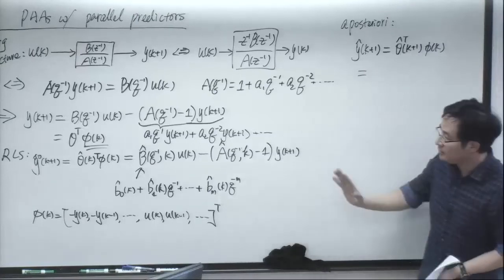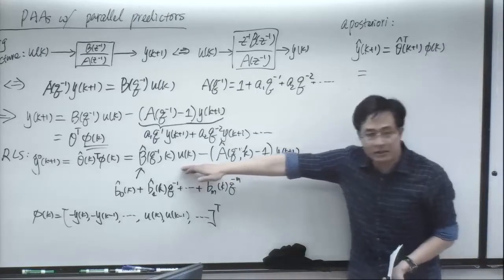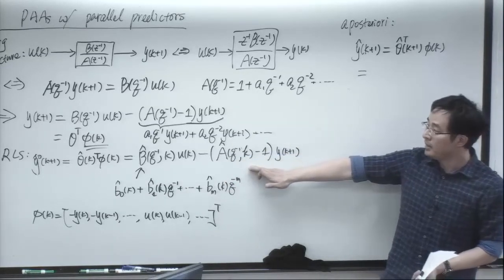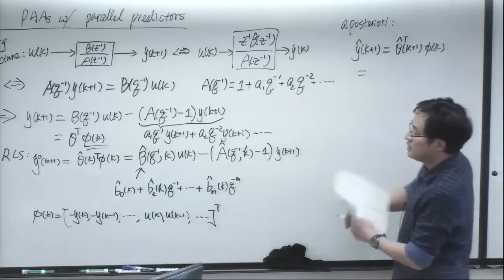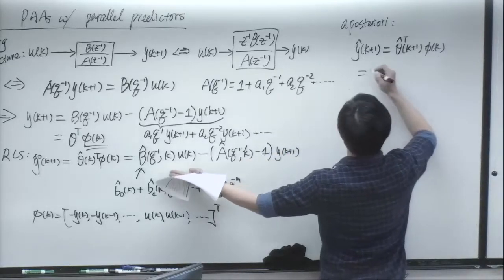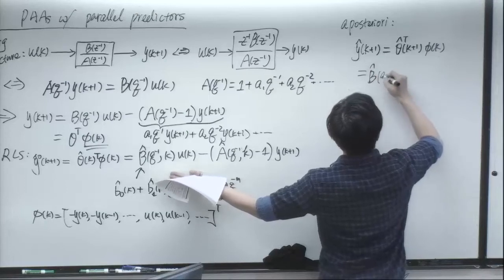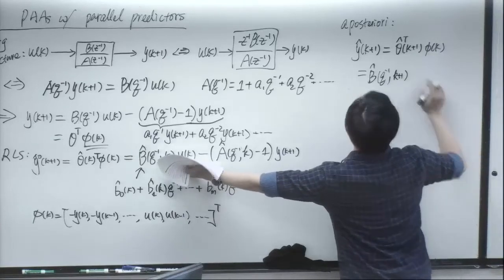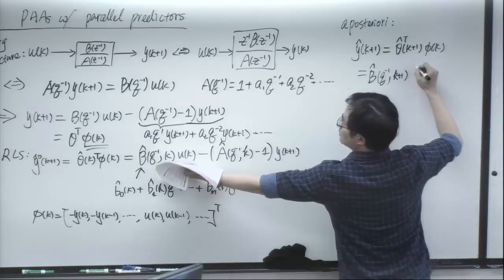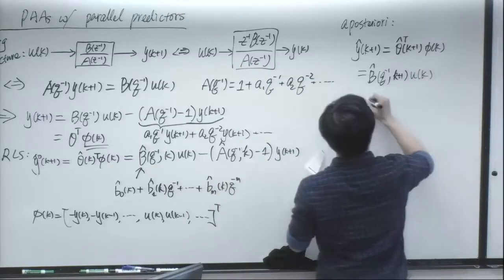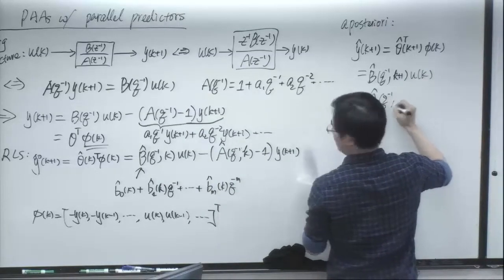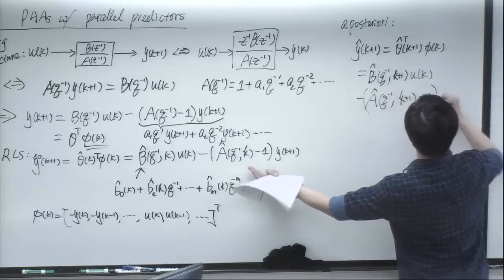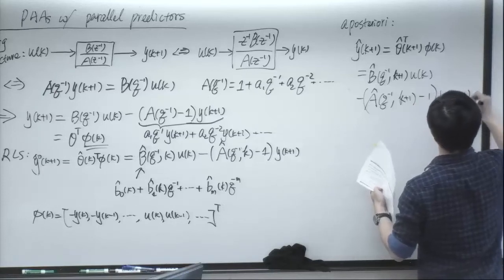And I'm going to start utilizing this equivalent representation more and more in today's lecture. So using this notation, this a posteriori estimation is going to be b hat q, updated at time k plus 1, that's the index, right? u_k minus a hat q inverse k plus 1 minus 1 y_{k+1}.